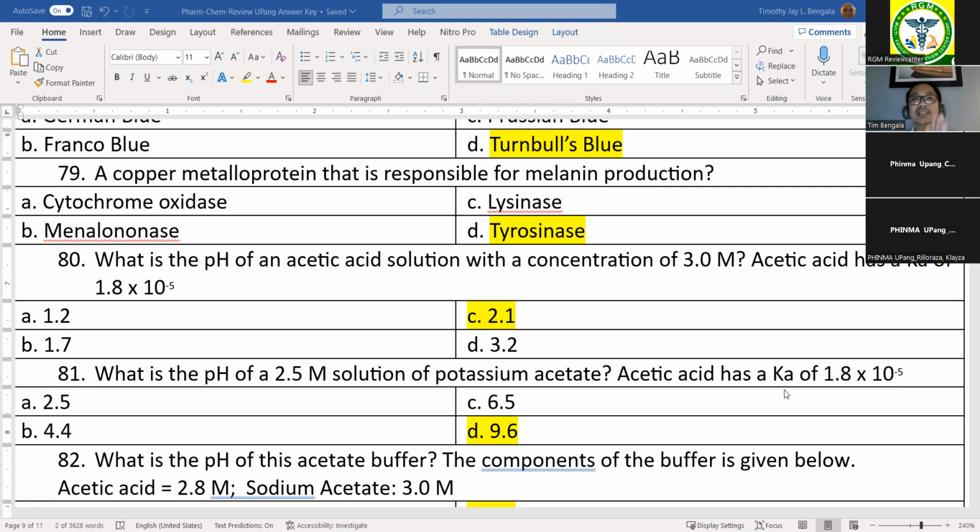Kw, 1 times 10 to the negative 14, divided by the Ka, gives you the Kb. Multiply that Kb by 2.5. From there, take the square root to get the OH, and then the pOH. Subtract it from 14 to get the pH. So the answer will be 9.6.